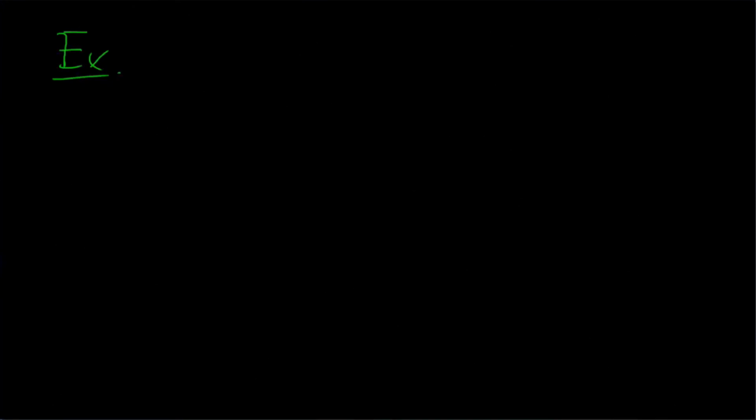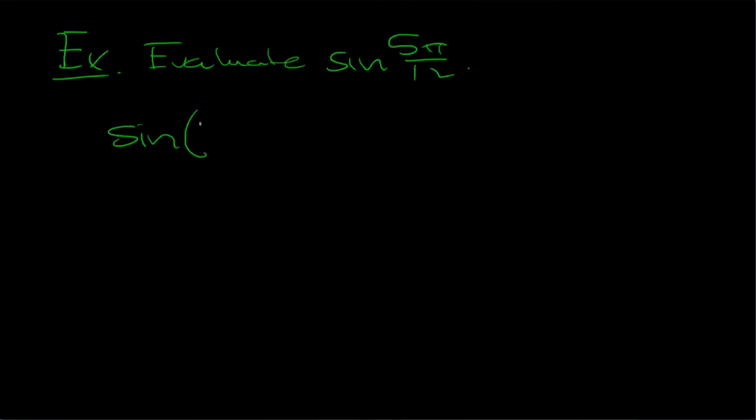So it said use the half angle identity to evaluate sine of 5 pi over 12. To do this problem, we want the sine of u over 2 because we can't directly evaluate that.